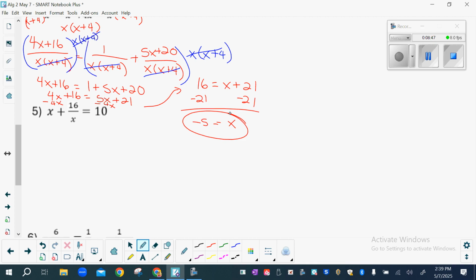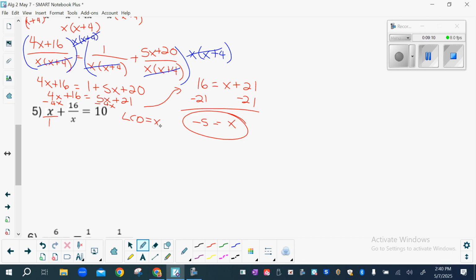That's right, it's an x. So I need to multiply this one into 1. So if the LCD is x, so I need to multiply top and bottom by what on this one?